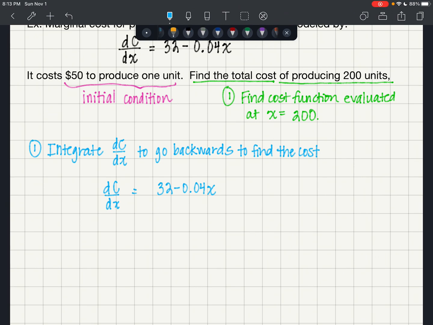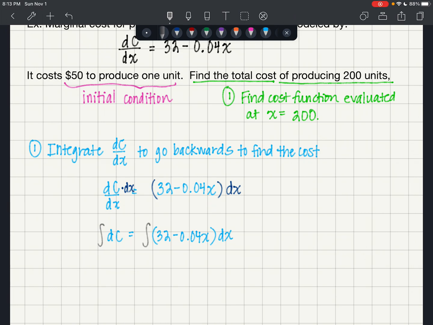I'm going to integrate both sides, but before I integrate both sides, I'm going to multiply both sides by dx. Okay, so now we've got dC is equal to 32 minus 0.04x dx. I'm going to integrate both sides.